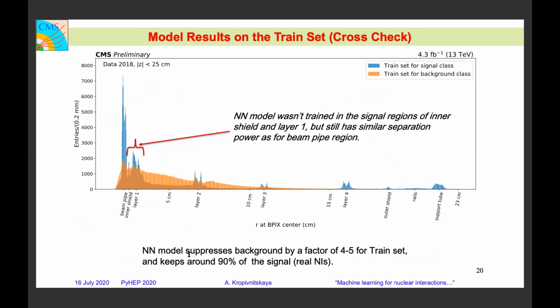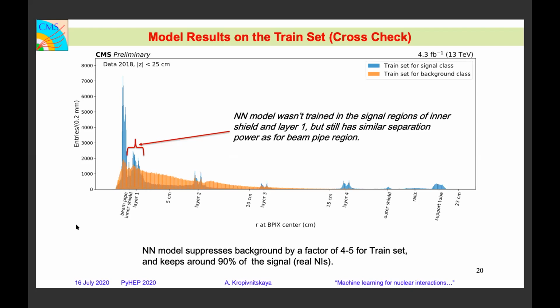The blue curve corresponds to the signal class, and the orange curve corresponds to the background class. And these are our predicted classes. As you can see, the neural network model suppresses background by a factor of 4 or 5 for the train set and keeps around 90% of the signal, our real nuclear interaction, in the signal class. And in the background class, we mostly have background.